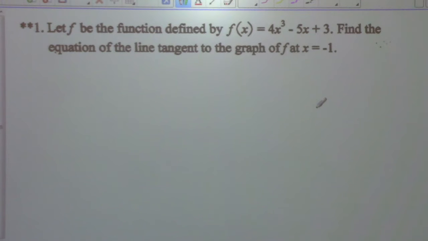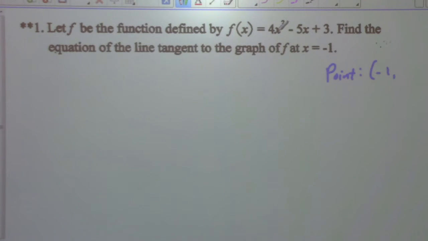Okay, so what did you do for this one? You get a point. For the point, to find y, just plug in negative 1 to the original equation. So we have the x value, and for the y value we plug in and get negative 4 plus 5 plus 3.